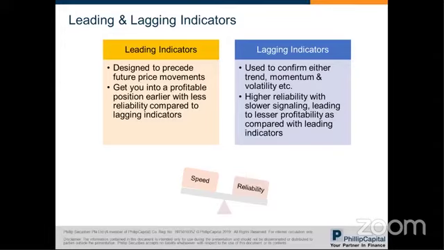Lagging indicators are used to confirm either the trend or the momentum that the share price has moved. This has higher reliability, although it has slower signaling, because its main purpose is to confirm whether the trend is moving upwards or downwards, etc. So if you just use lagging indicators, it may lead to lower profitability as compared to using leading indicators.